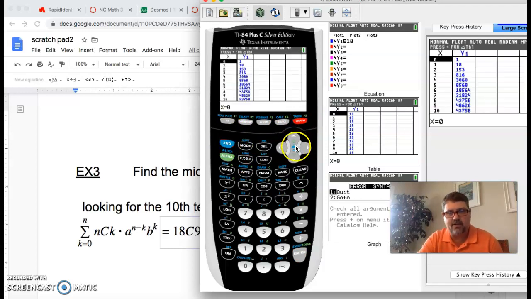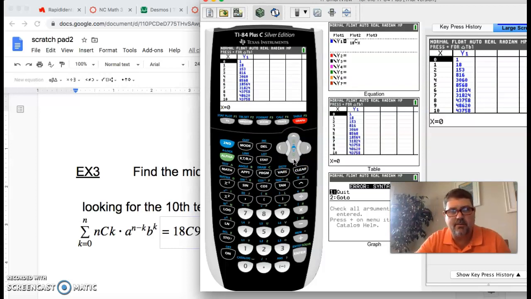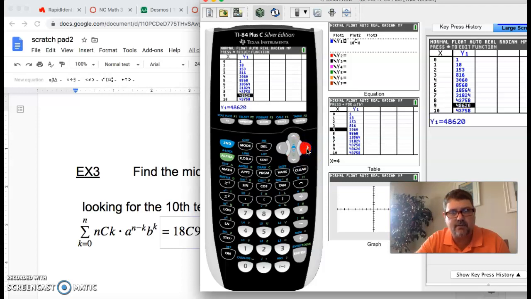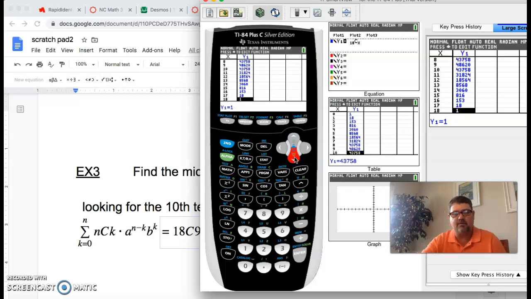Again you're going to have to apply that logic that you're looking for the 10th term. So this is the first term, 1, 2, 3, 4, 5, 6, 7, 8, 9, 10, and there's that coefficient right there, the 48,000. And 11, 12, 13, 14, 15, 16, 17, 18, and there's your 19th term. Okay, so that's another way to do it.